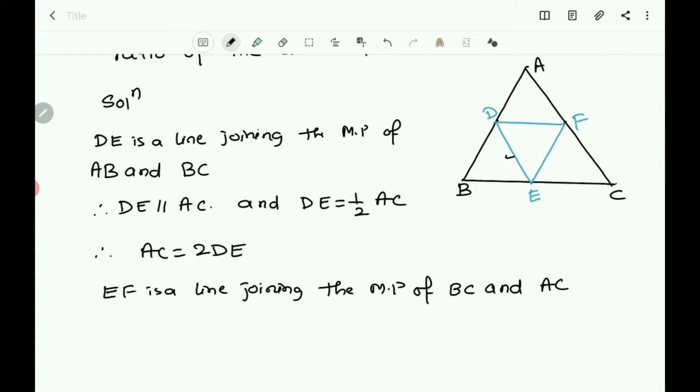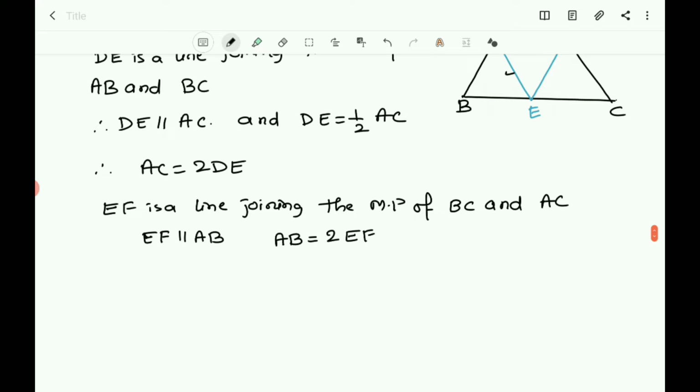Therefore, EF must be parallel to the third side, that is AB. And also you know that AB is twice of EF. So AB is equal to 2EF, because EF is half of AB.